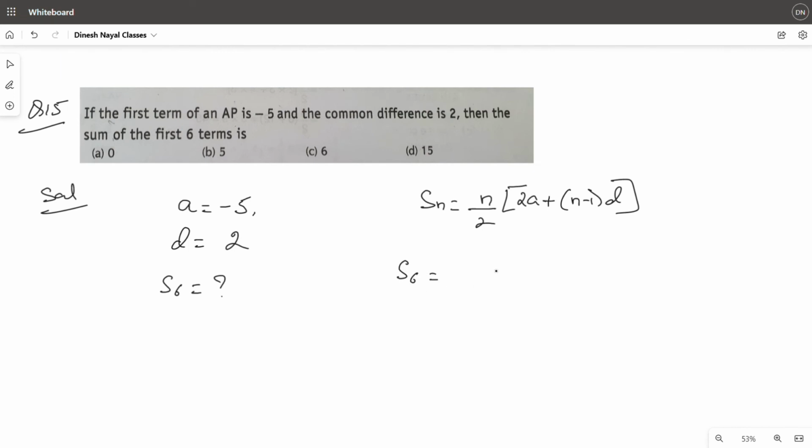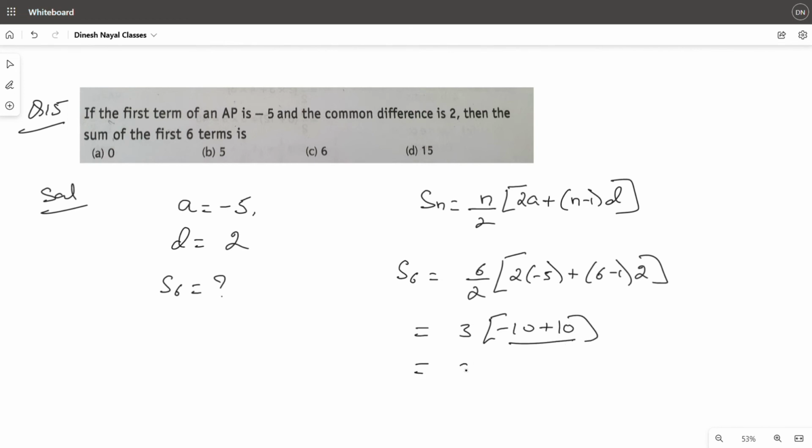Substituting the values, S6 is 6 by 2 into 2 times minus 5, plus 6 minus 1 into 2. 6 by 2 is 3. Inside we get minus 10 plus 5 into 2, which is plus 10. Minus 10 plus 10 gives 0. And 3 into 0 is 0. So the answer is 0. A is the correct answer.